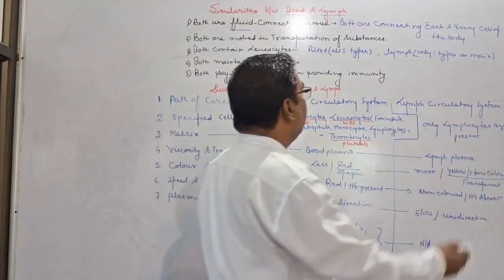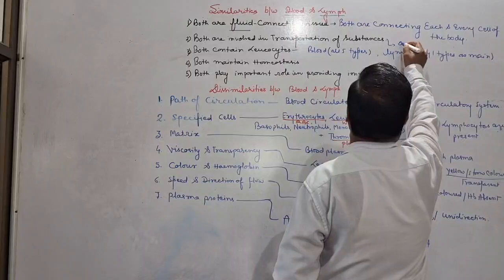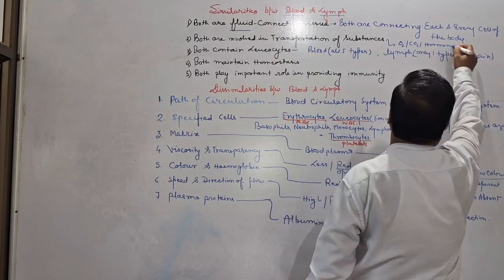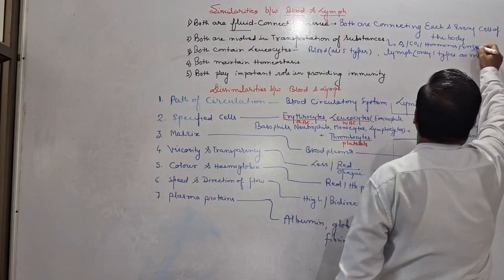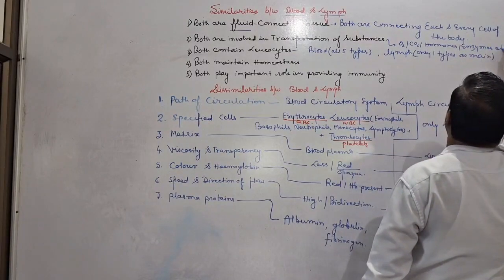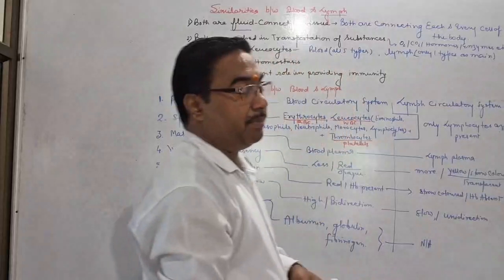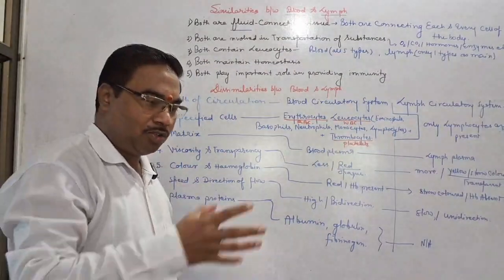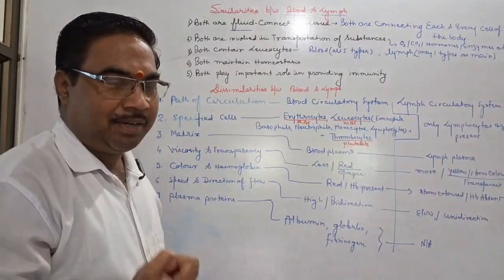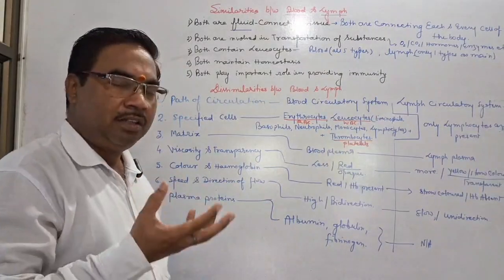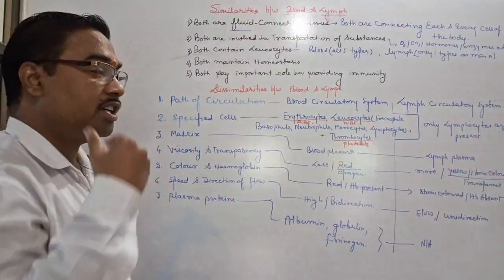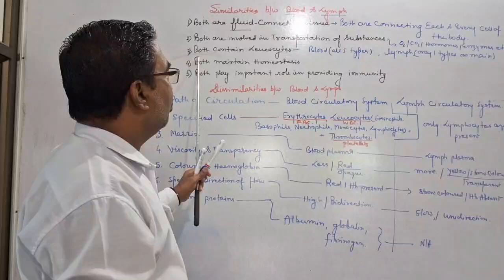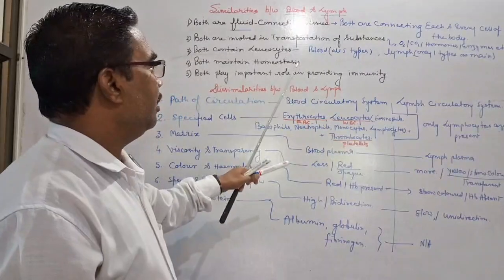Many substances like O2, CO2, hormones, enzymes, digested waste, excretory material are transported by blood, and lymph also collects the extra waste materials from the tissue fluid or the larger molecules which ooze out from the blood capillary but are not received by the cells. Both contain leukocyte, both maintain homeostasis.